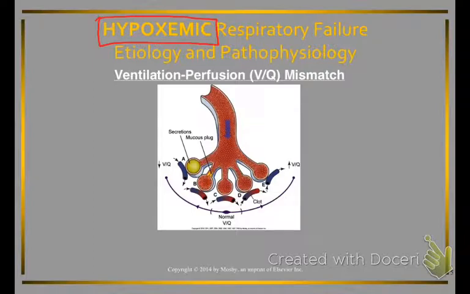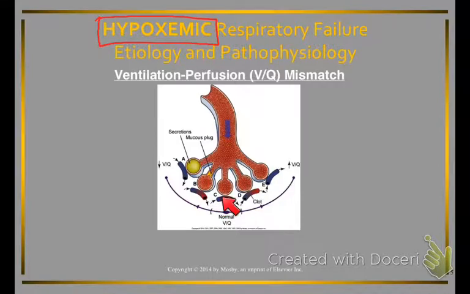Okay. So this is hypoxemic, right? We said there's hypoxemic and there's hypercapnia. This is a hypoxemic issue. We're going to talk about the VQ mismatch. Right here in the middle, this is normal. This is what we talked about right in the beginning.